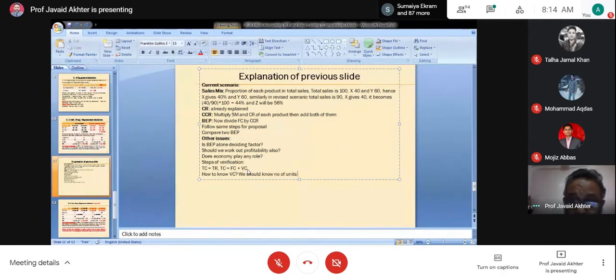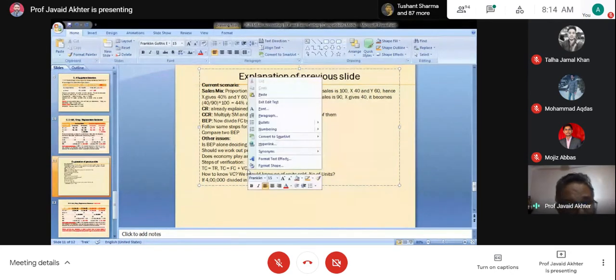Number of units sold. How do we know number of units? If 4 lakh is your total revenue, it should come in the light of fifth assumption. 4 lakh should be divided in 4:6 ratio.